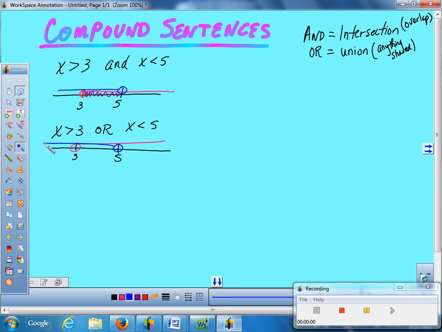It's because it's got to be any number that's greater than 3, or it can be any number less than 5. So it can be anything in either group. What do I have shaded? I'm looking for anything shaded anywhere. Everything's shaded, isn't it? So in this case, your answer is all reals, because you have everything shaded.